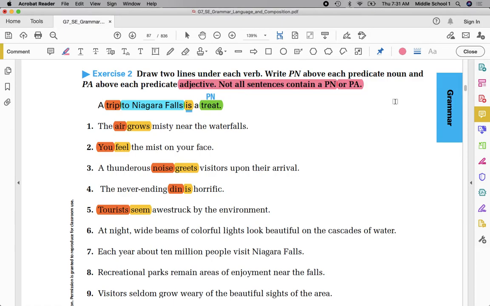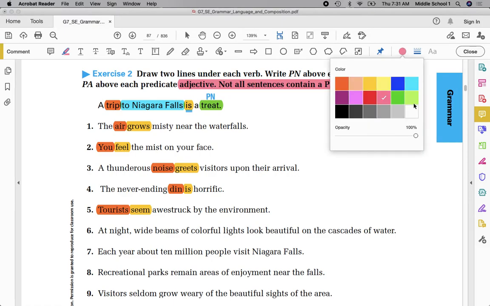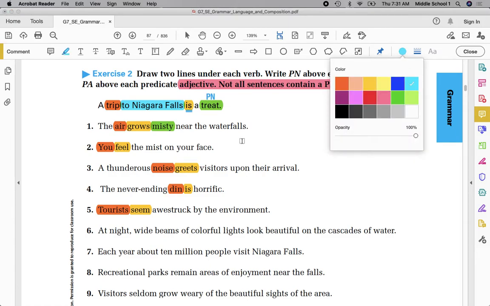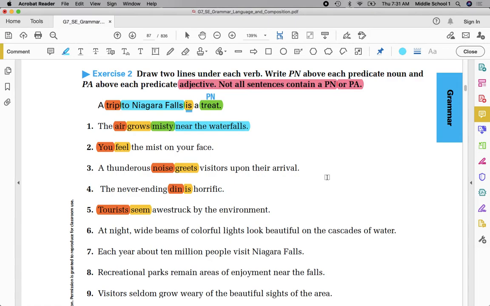Sentence number 1, the air grows misty. Can you say the air is misty? Remember that is or are substitute? The air is misty. Yes, you can. This is a predicate adjective. It's misty air. Predicate adjective, misty air. What is this? That's a prepositional phrase.